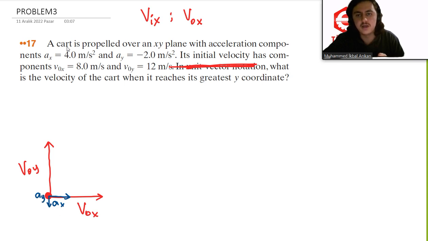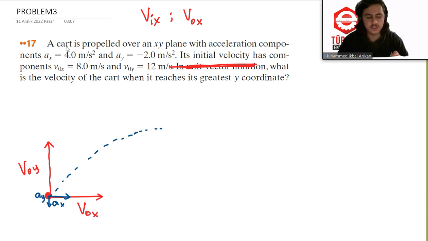My acceleration in y is smaller. So you will move along this path until you reach a point here. Your velocity in y is just getting smaller, right? You have here v sub 0y, which is smaller, and here smaller, and getting smaller because your acceleration is negative, until you reach here, where your y component will be 0.